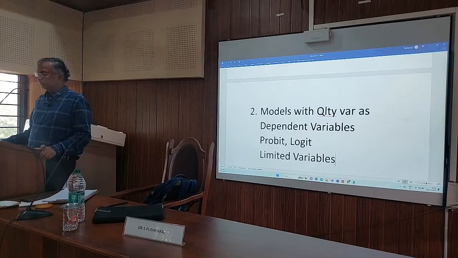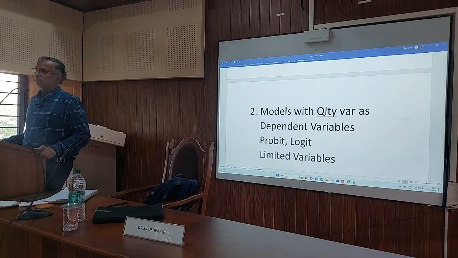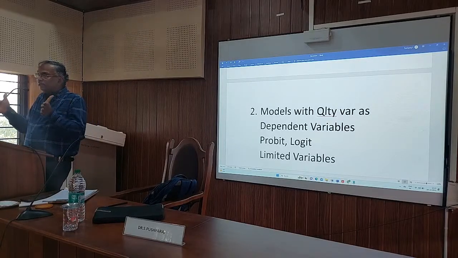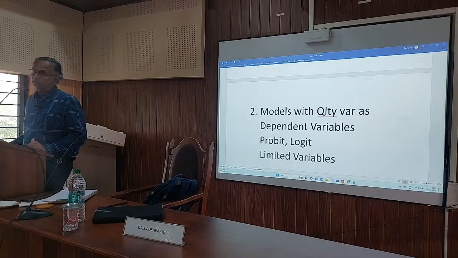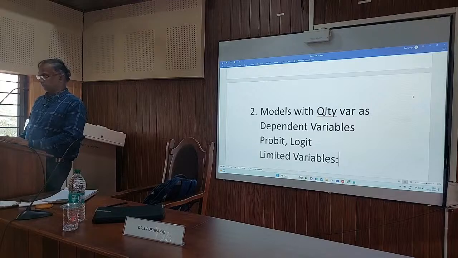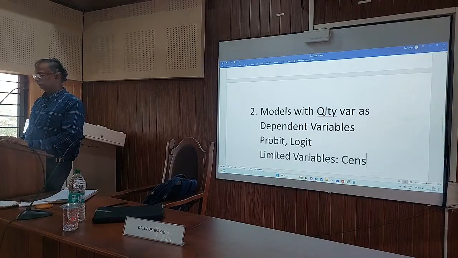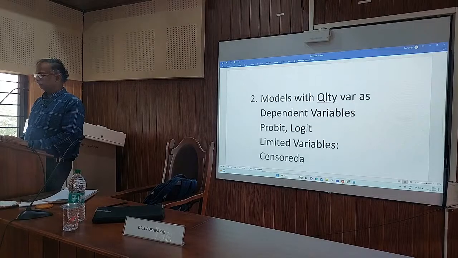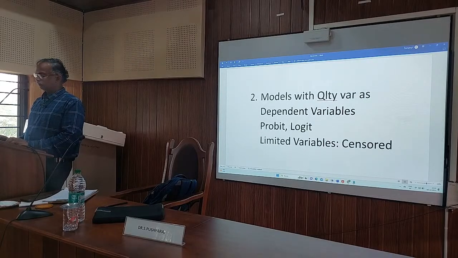In fact, this dependent variable sometimes will take a very limited range of values. In this, there are two more models. One is censored models. The other is truncated models.